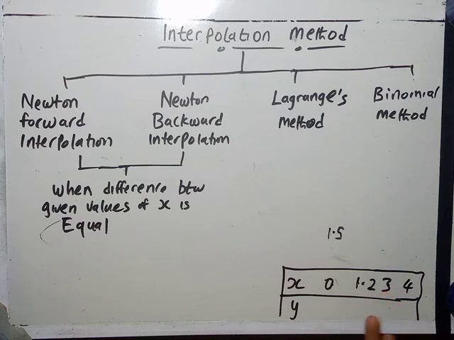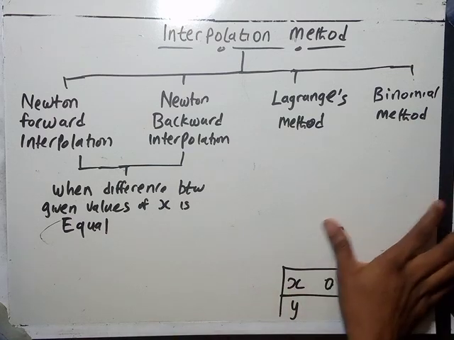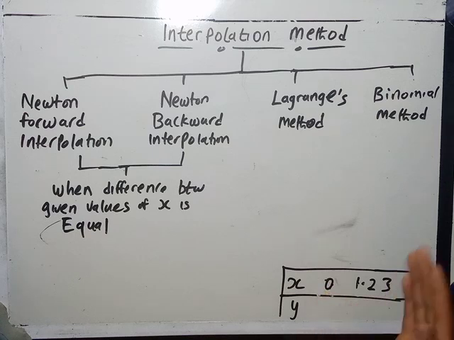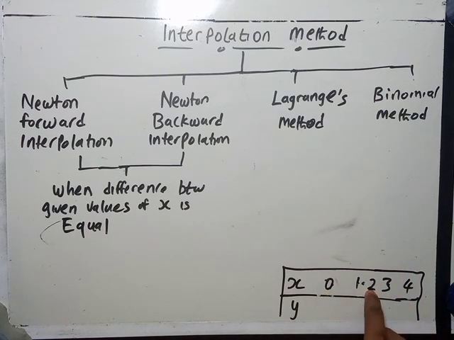The reason being that 1.5 falls under the first half of your given values of x. What I mean by first half is that you have 0, 1, 2, 3, 4. Total, that is 5 numbers here. The one at the center is 2.